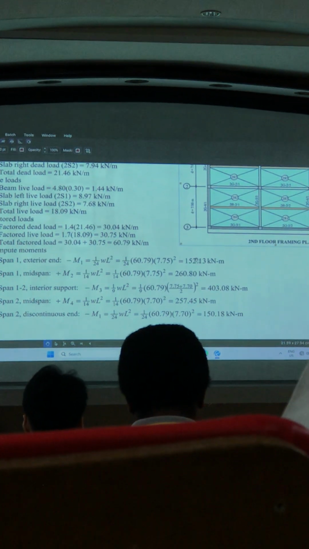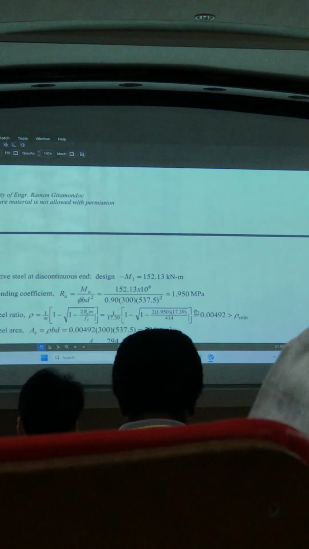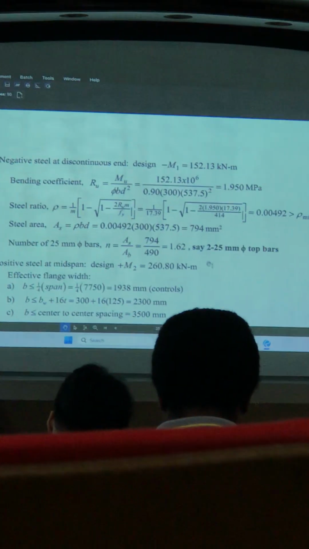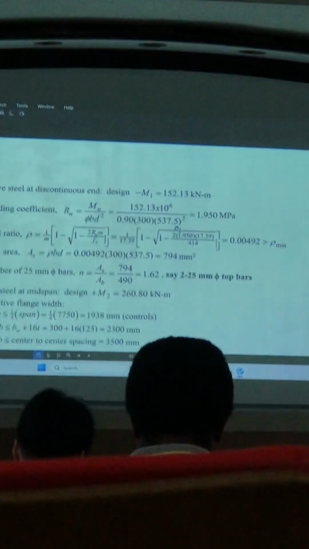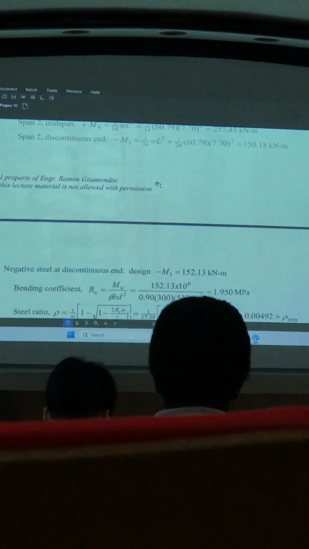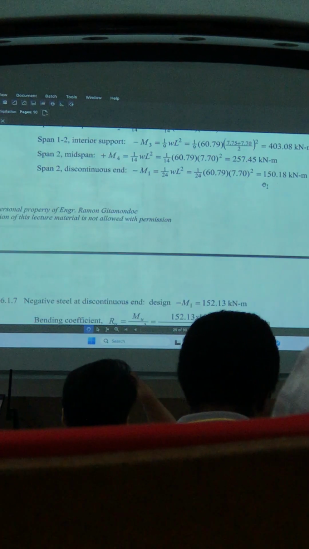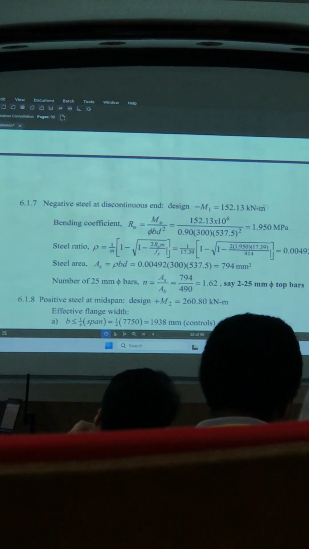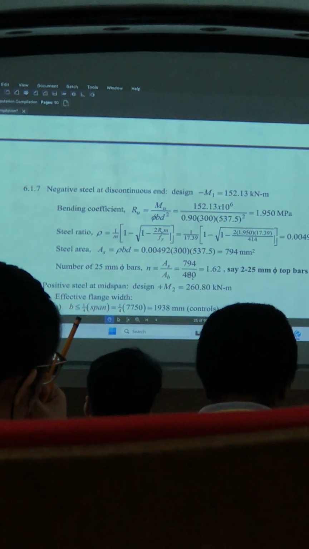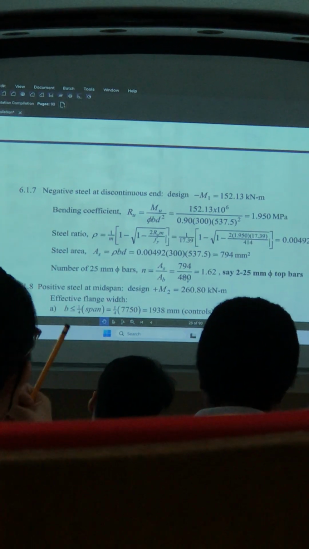So to determine the design bending moments, we calculate the steel reinforcement. So negative steel at the discontinuous end, meaning 152.13 kN-m design moment. Then we compute the steel using the formulas we have learned from reinforced concrete design.